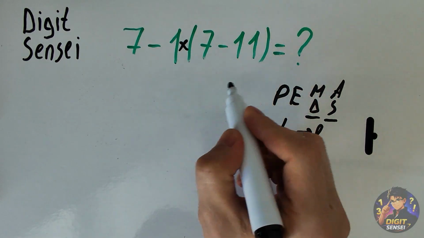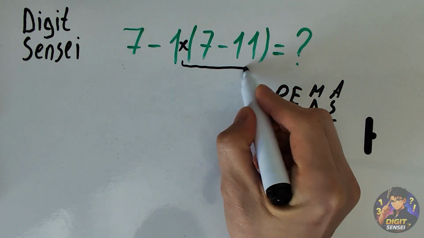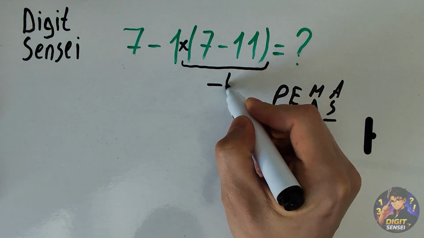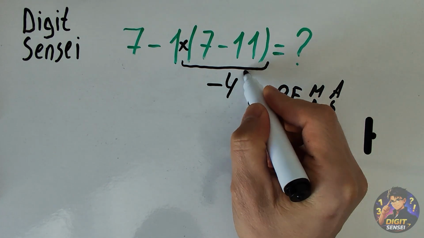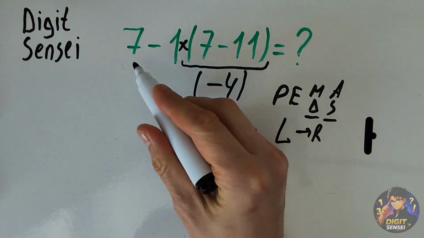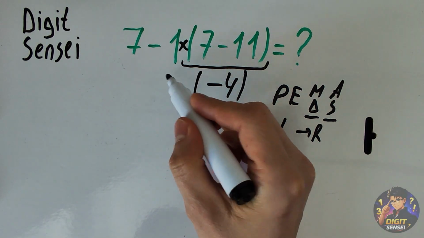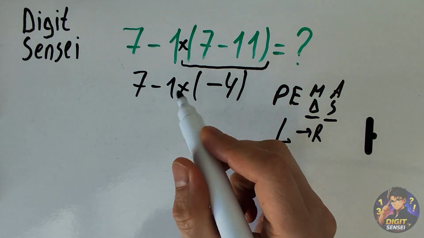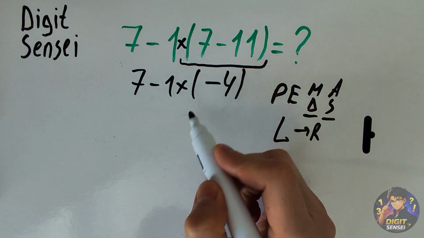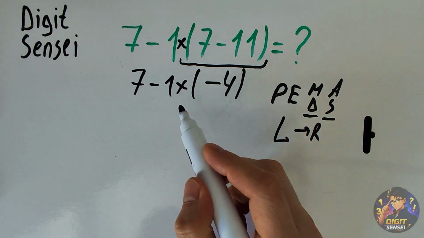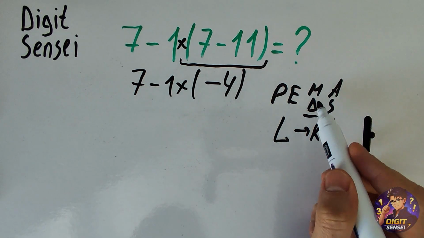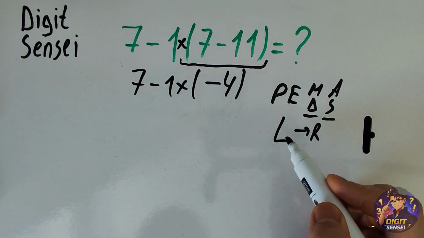So first we have to do this parentheses. Inside this parentheses we have 7 minus 11, which equals negative 4. So 7 minus 1 times negative 4. Now we have one subtraction and one multiplication. According to PEMDAS, multiplication has higher priority than subtraction because multiplication comes before subtraction.